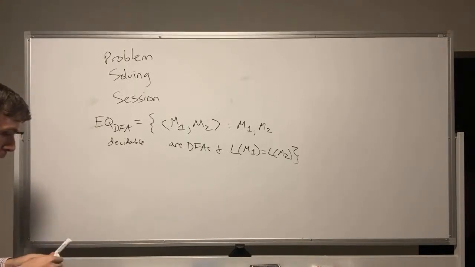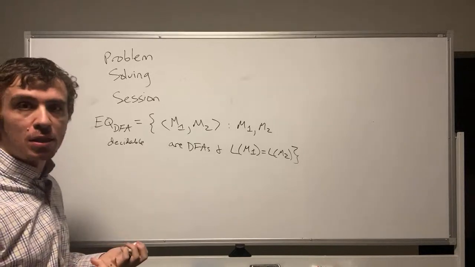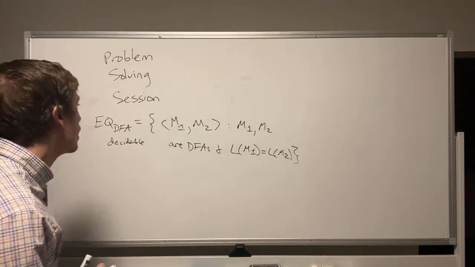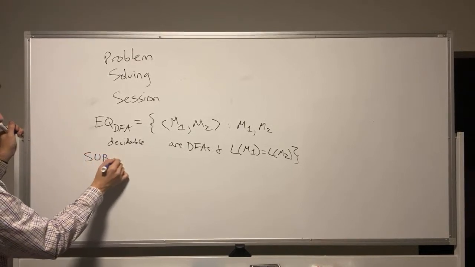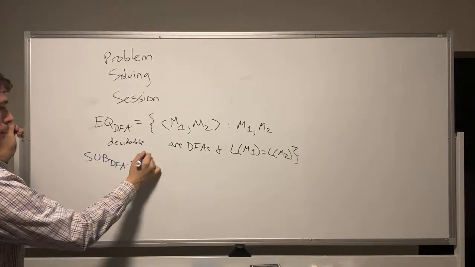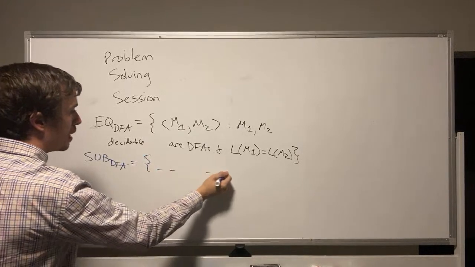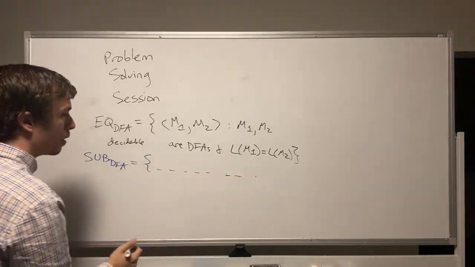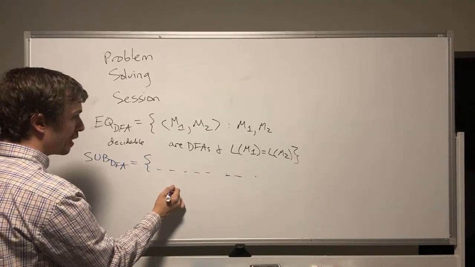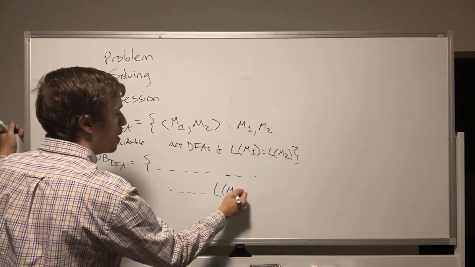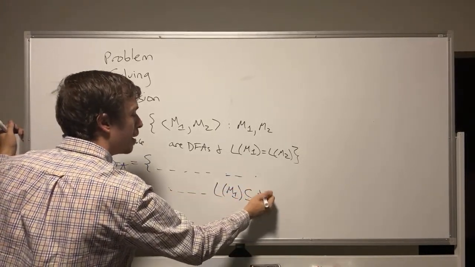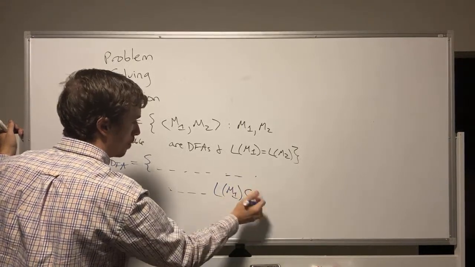But there's a similar problem that I have assigned on tests before, which I really like. Something I call sub-DFA. So it's the same description for the machines. These things are DFAs, and the language of M1 is a subset of the language of M2.